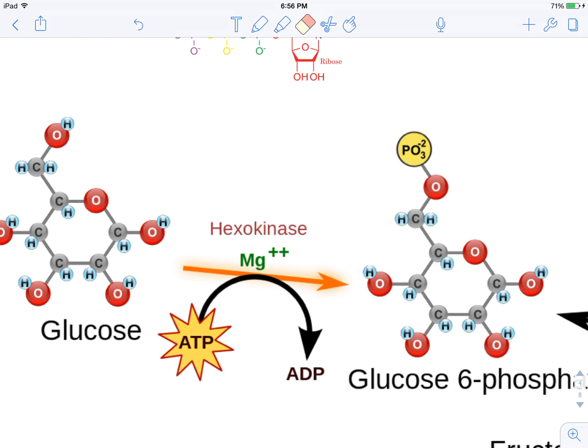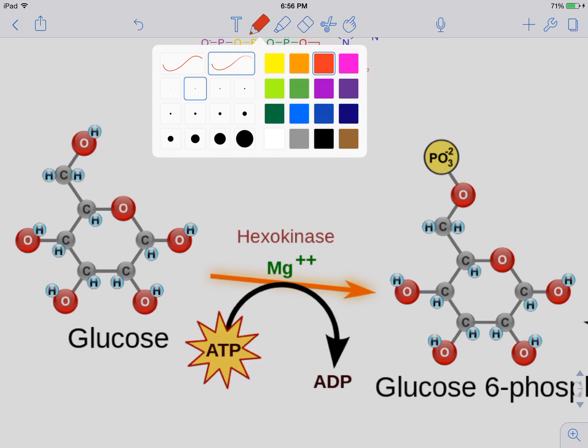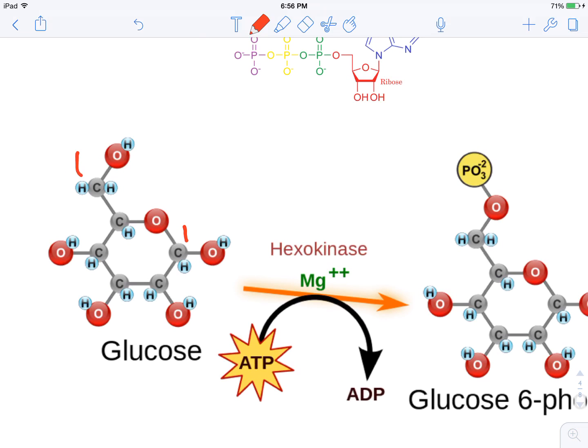In the first step, we see glucose as a six-membered ring, with the first carbon being located right here. This is the sixth carbon. The sixth carbon is not a member of the ring.